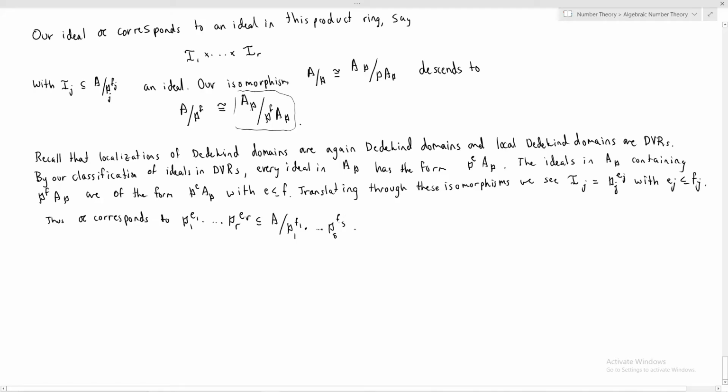And then by the correspondence between ideals in the quotient and ideals containing the ideal you're quotienting by, I think maybe by the correspondence theorem, I think is just what this is called, A equals P1 to the E1 through PR to the ER. Okay, so this proves existence.